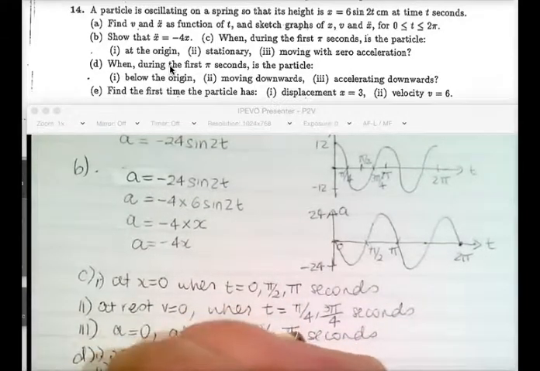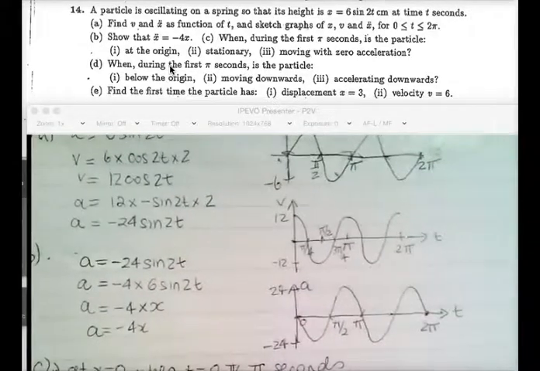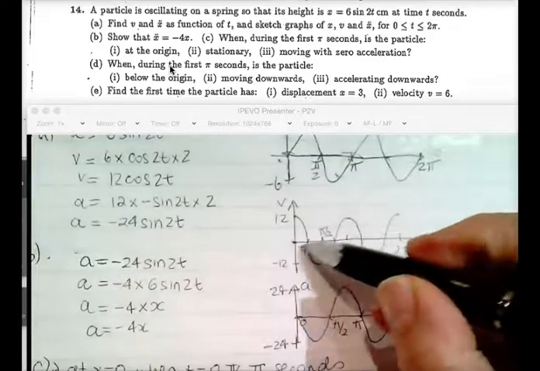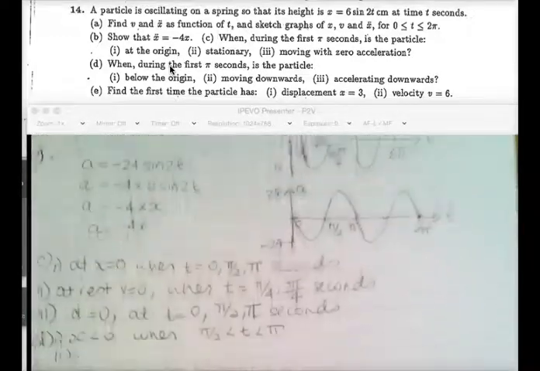Part 1. Part 2, when is the particle moving downwards? That's when velocity is negative. We can see velocity is negative between pi on 4 and 3 pi on 4 seconds.